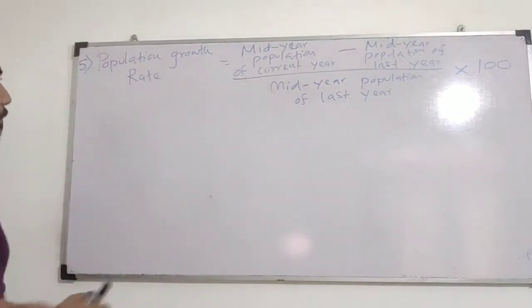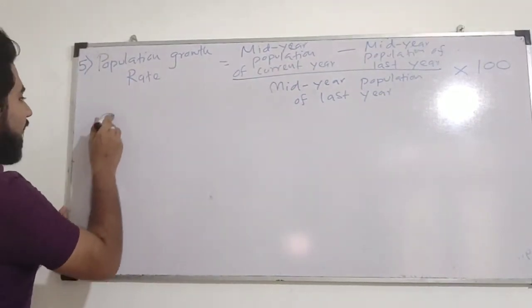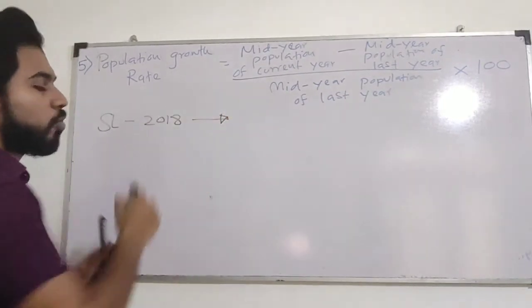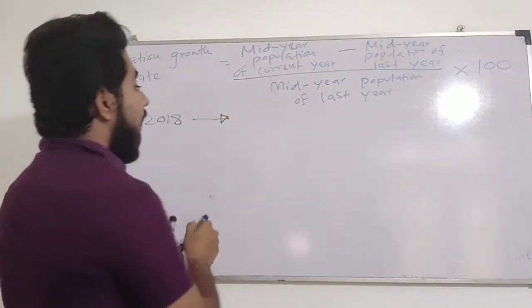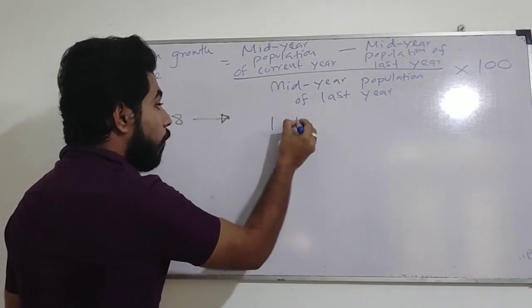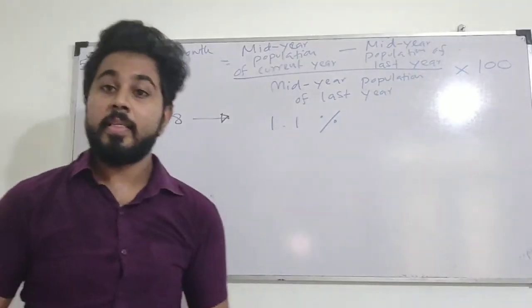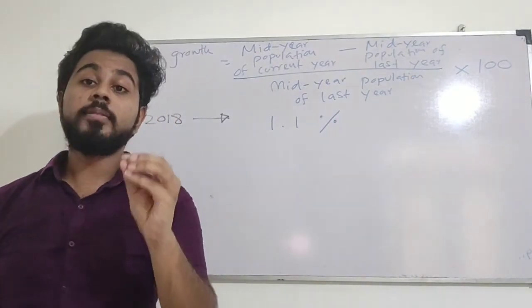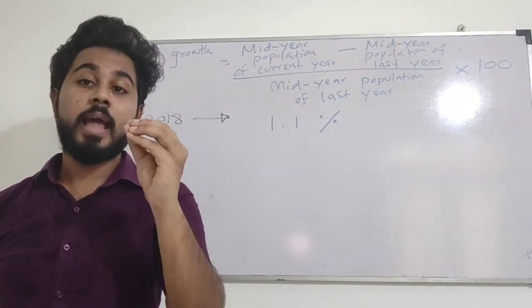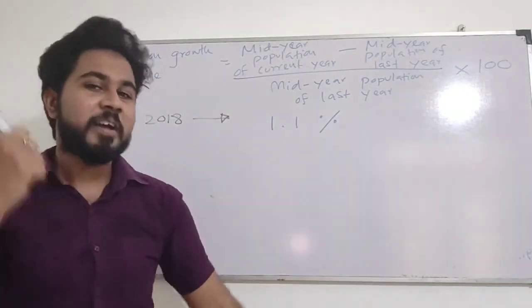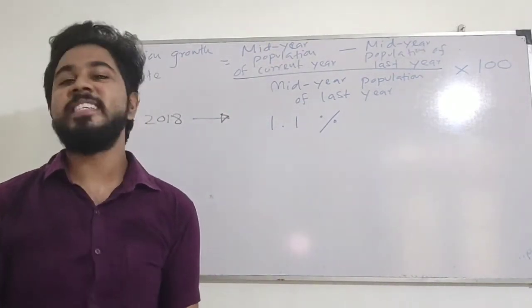Right. So apply this equation and take the Sri Lankan 2018 population growth rate. Our population growth rate is 1.1% in 2018. That means 2018 population have grown by 1.1% when compared to 2017.